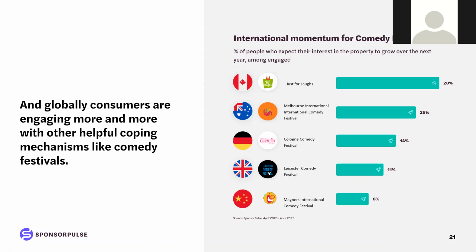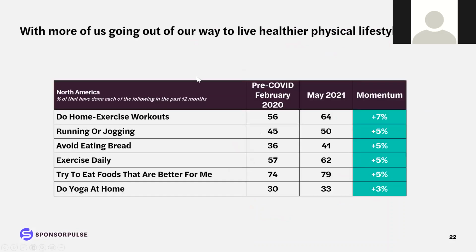So again, another area where perhaps we weren't thinking of, but one that's really relevant, which is critical at this time, so at the right time, and looking at data that supports that. The other thing we're doing more of is exercising and eating right, doing yoga at home and those types of ways. So again, other areas that are still within, to some degree, mental health, but they're tactical ways to help alleviate mental health through things like comedy, eating right, nutrition, and exercise and physical activity.